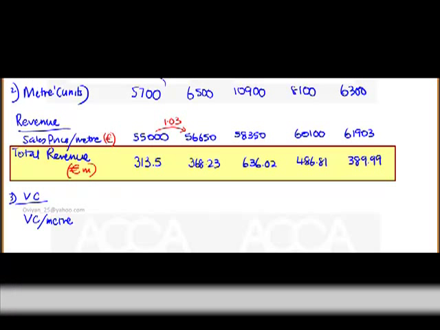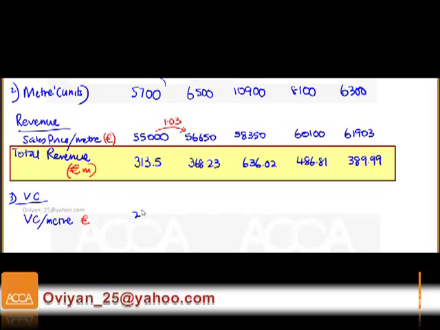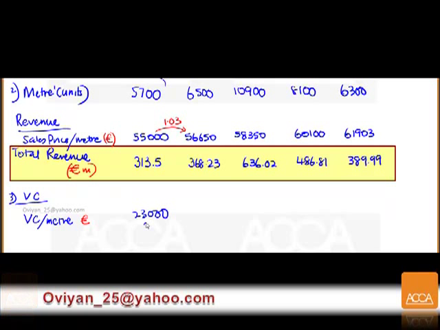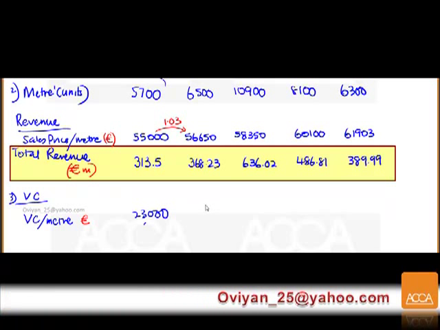It's given in euro dollars. It's going to be at how much? 23,000 at the end of year 2014. So it's going to increase by 5% each year.